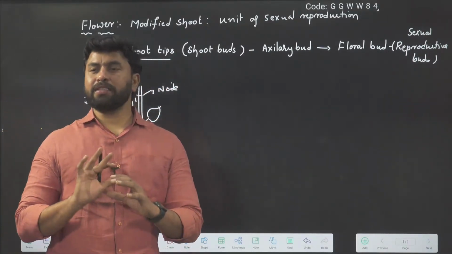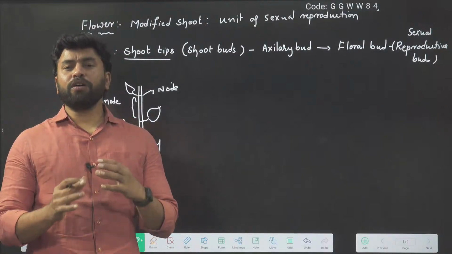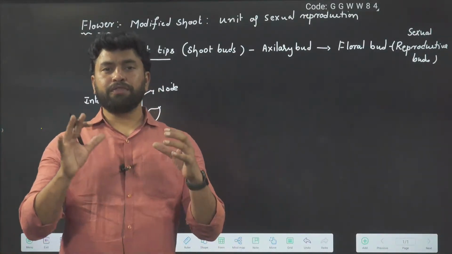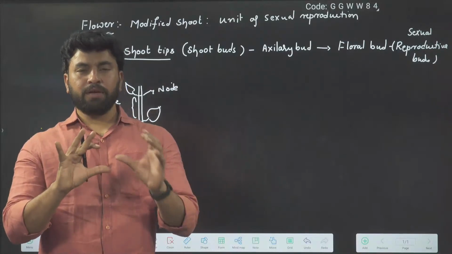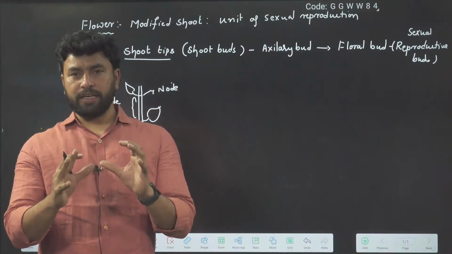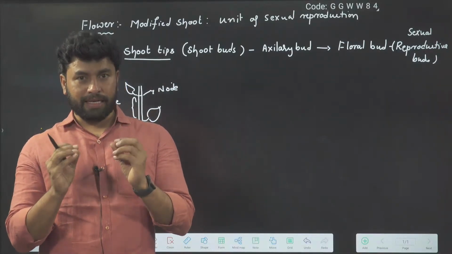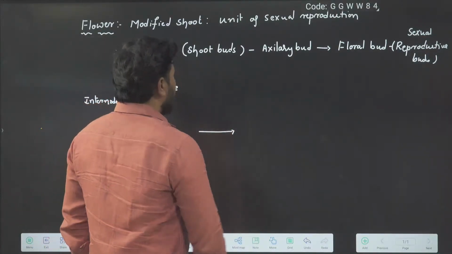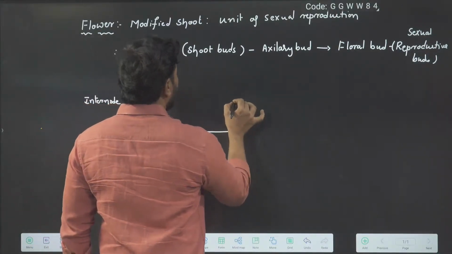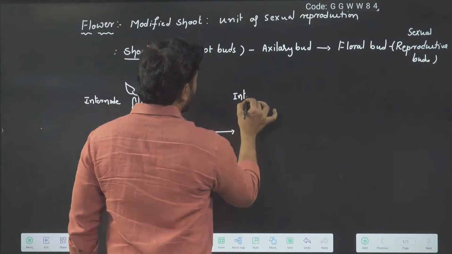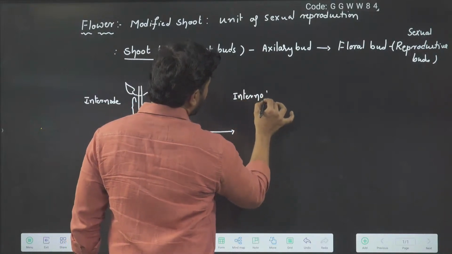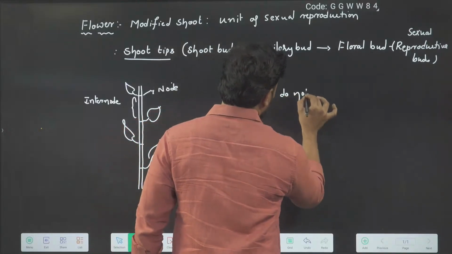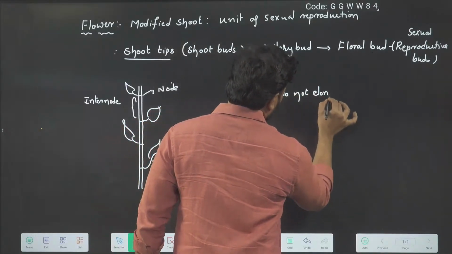This is a typical characterization of a stem. If a stem decides, I don't want to elongate, I have to convert into the form of a flower, at that time the modifications start from the stem like this. First modification: internodes do not elongate.